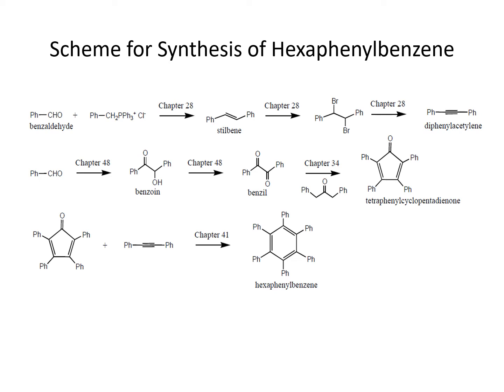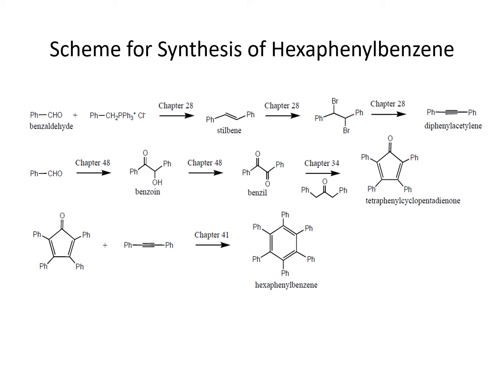On the other hand, benzaldehyde reaction can give us benzoin, and further oxidation of benzoin gives us benzil. And when this benzil reacts with 1,3-diphenyl acetone, then we will have the tetraphenyl cyclopentadienone.